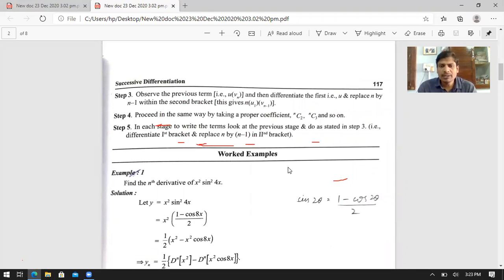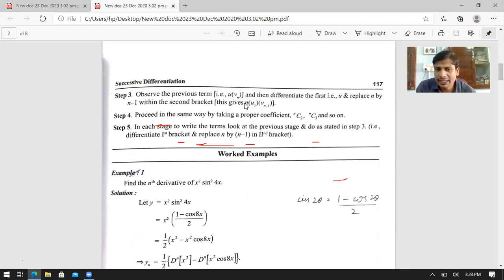Observe the previous term. No, sorry, we suppose we take n. See here, observe the previous term: u into vn. Then this previous term is u into v of n minus 1. Observe the previous term and differentiate the first, the u function, and replace n by n minus 1 in the second bracket.